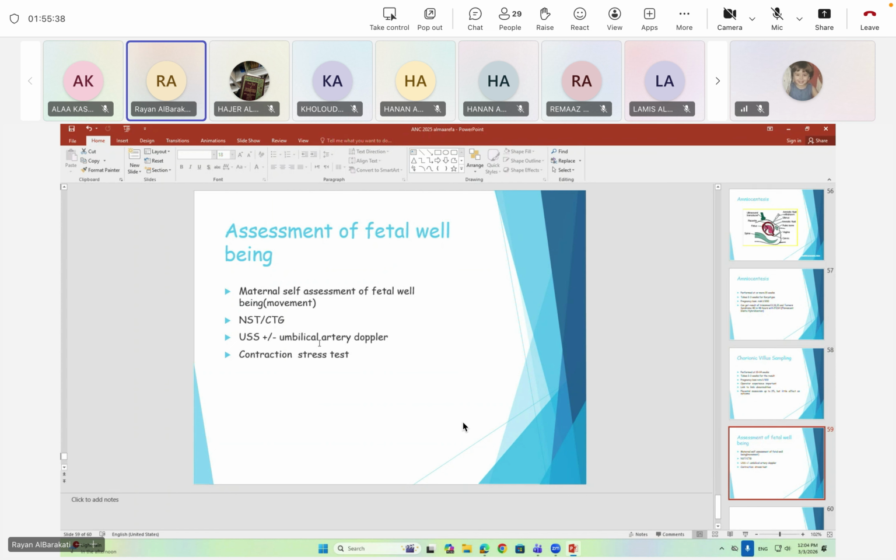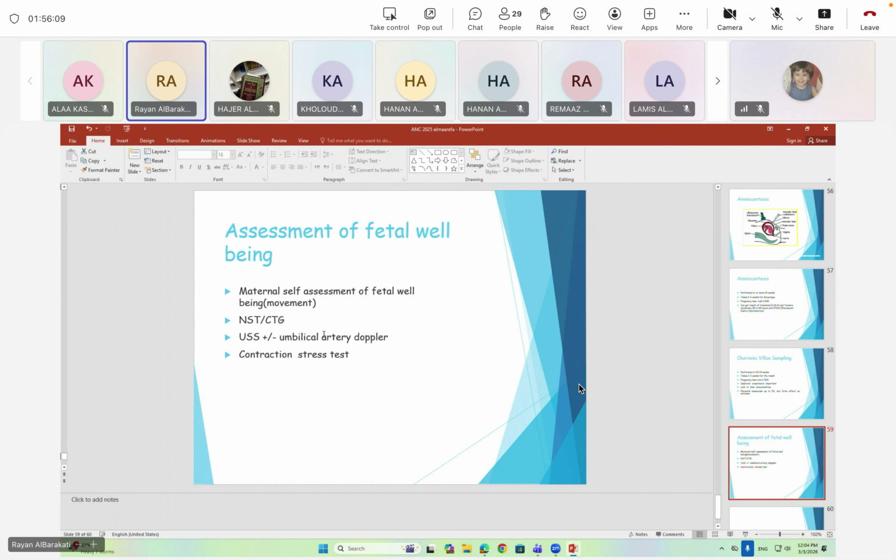Also, we might hear about uterine artery Doppler, but this is usually reserved for research, and it is done in the second trimester. It might give some prediction about some diseases, but it is not usually done or accurate. It is not done on the fetus, it's done on the uterine arteries or vessels for prediction of some diseases.